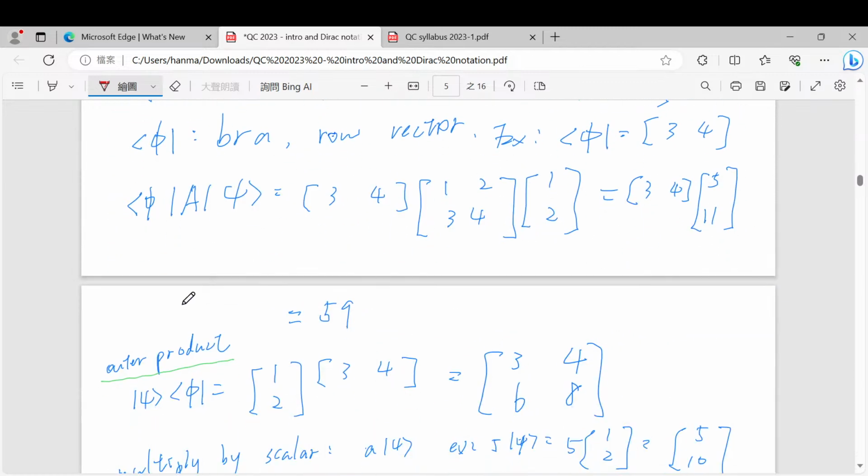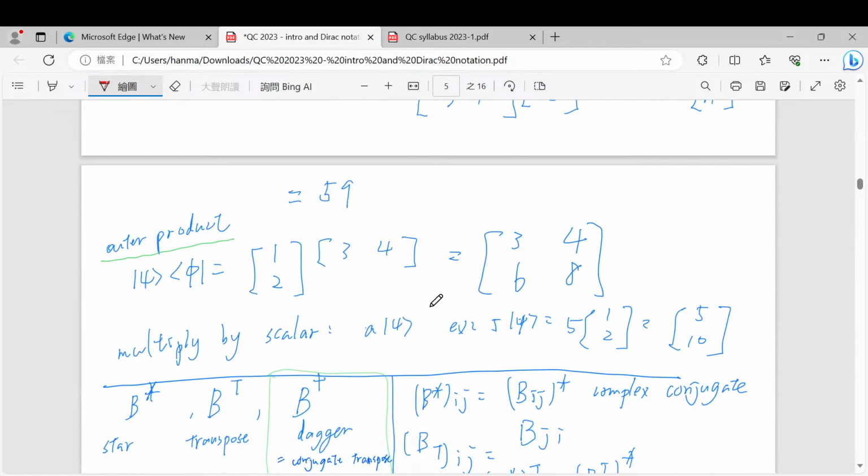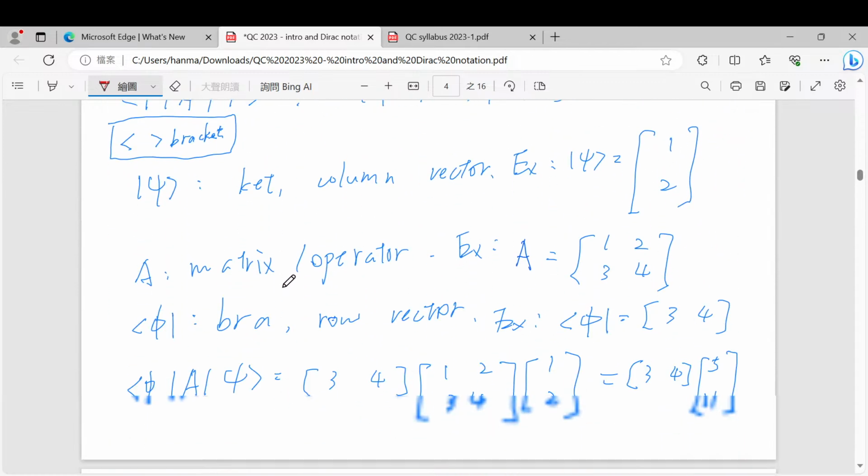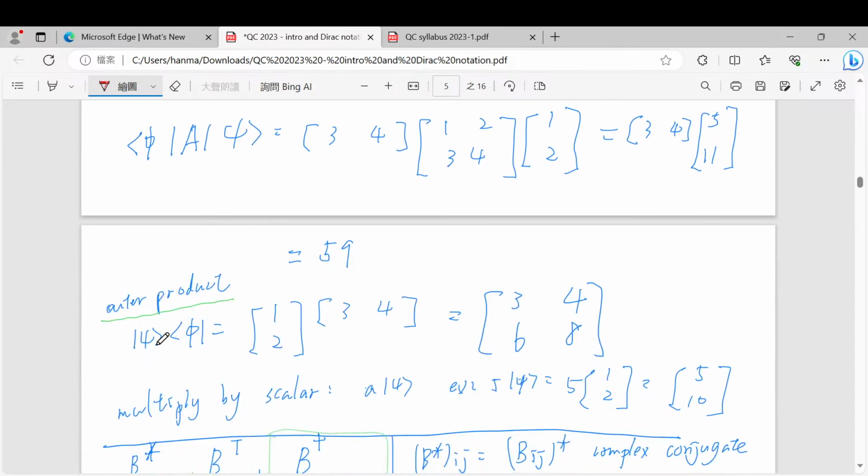You will see a lot of those expressions, and there is also the outer product. The outer product is when you write a ket vector before a bra vector. That's a column vector times a row vector, and when you do the matrix multiplication rule, you find that it gives you a matrix. If it's 2 dimensions, it will be 2 by 2, and if it's 3 dimensions, it will be 3 by 3.